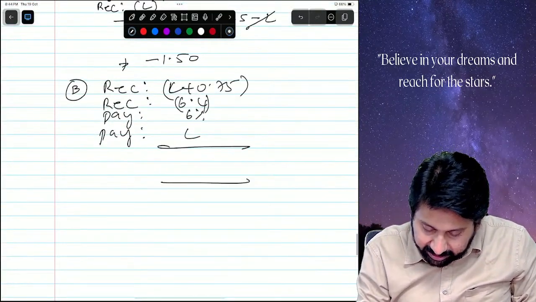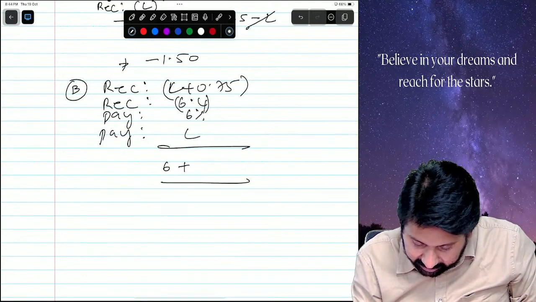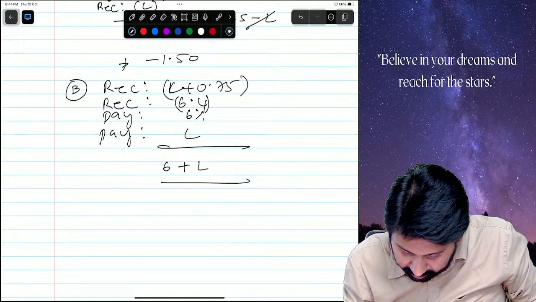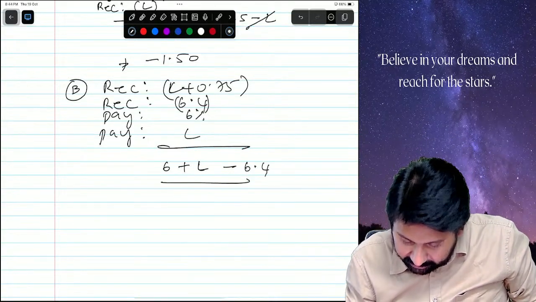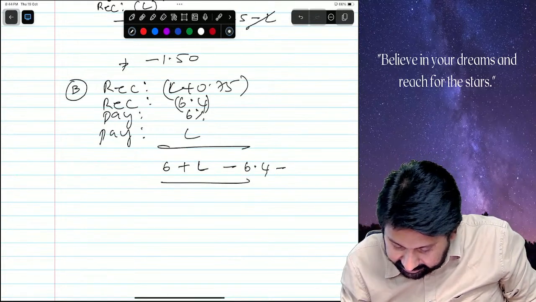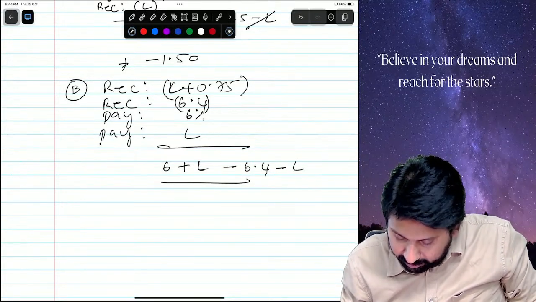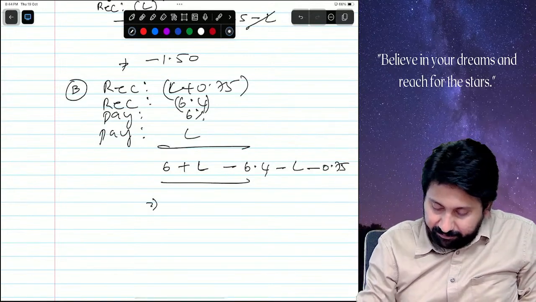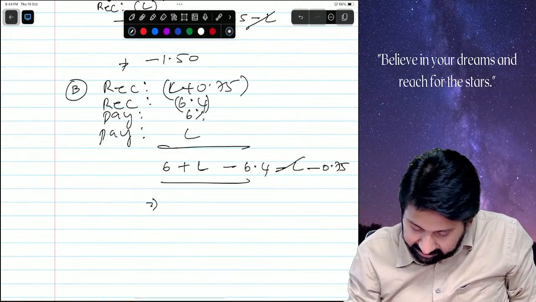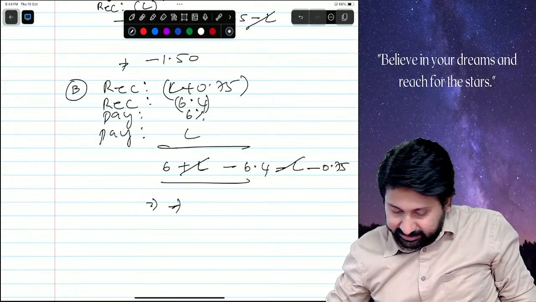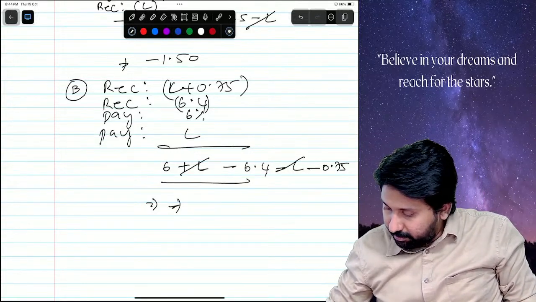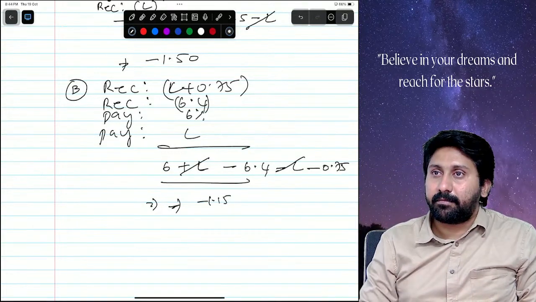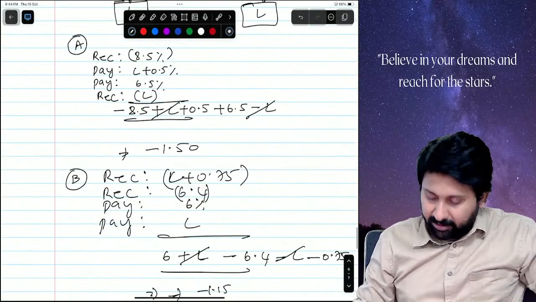Receipt negative. 6 plus LIBOR, payments. Minus 6.4 minus LIBOR, minus LIBOR minus 0.75. Minus LIBOR plus LIBOR cancel. 6 minus 6.4 minus 0.75. How much? Minus 1.15. Okay, this is the answer.